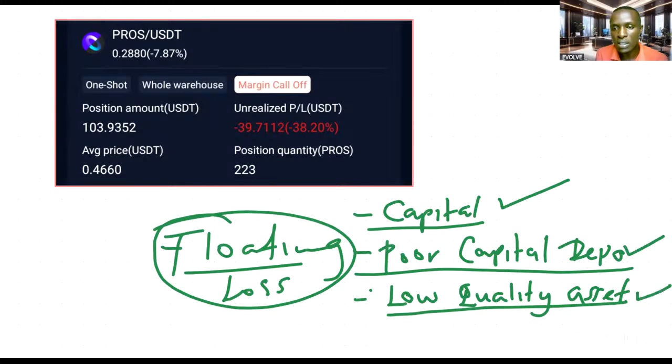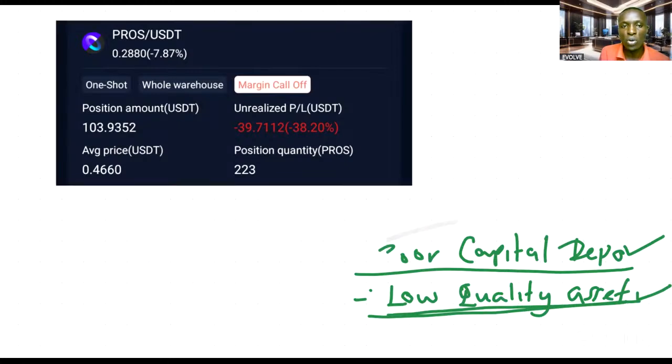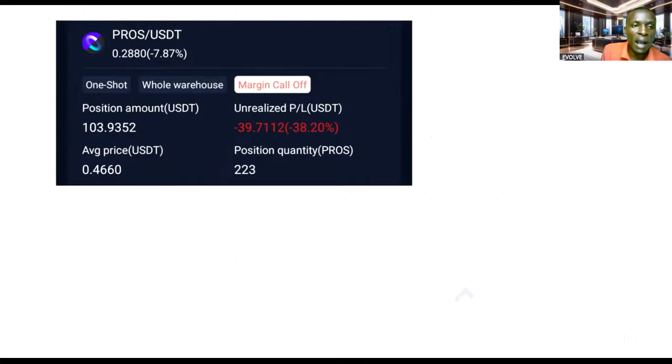This is a question I see Geoffrey has already asked me right here. So let us start with identifying the right asset. Identifying high quality assets. I told you to have CoinMarketCap on your phones. How do you determine high quality assets?